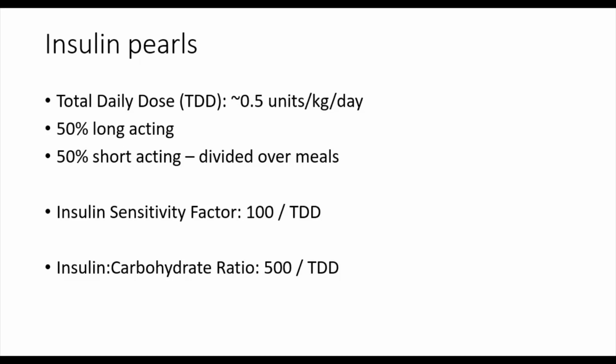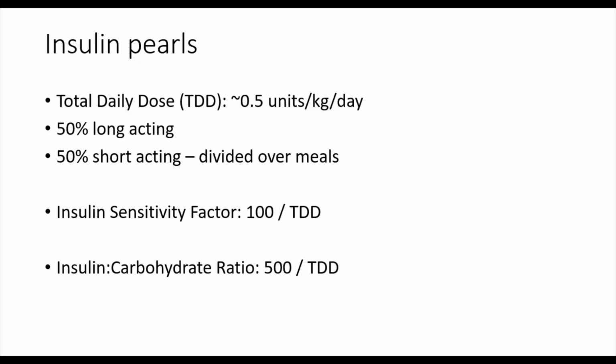Say the patient then decides to have a bowl of plain white rice, which has about 50 grams of carbohydrate in it. Therefore, they will need to administer 50 divided by roughly 15, which is about 3 and a bit, or 3 to 4 units of short-acting insulin to cover the carbohydrate in this meal.